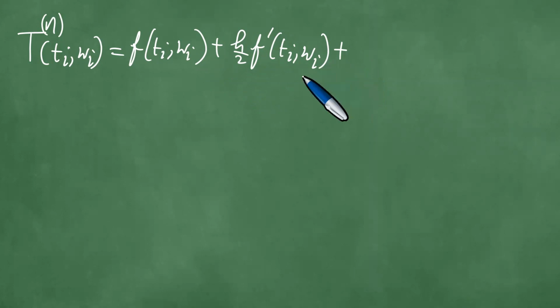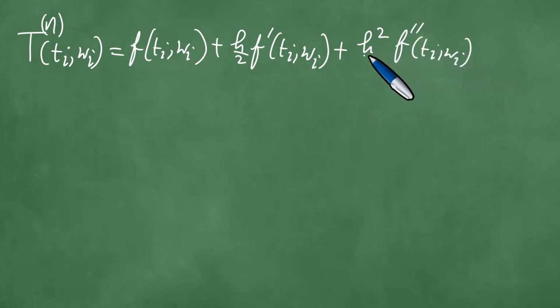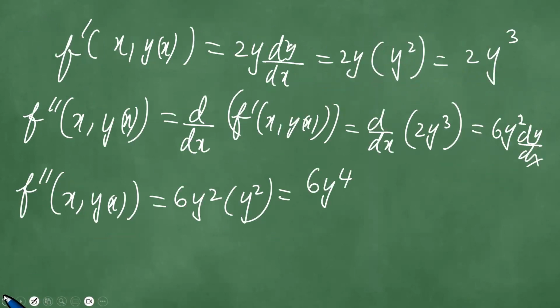okay, so let's just write more terms here. So what is the next one? Right, the next term is going to be, because if it's h here, the next one is h squared, f double prime, same degree, ti wi, divided by, okay, the reason is exactly the formula.